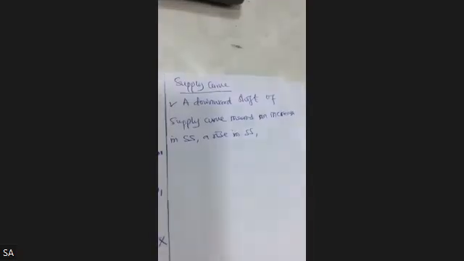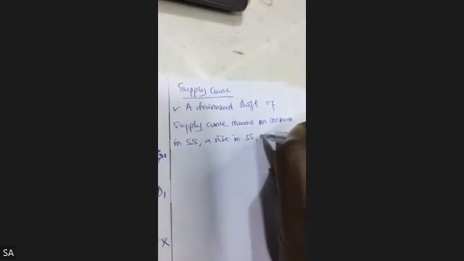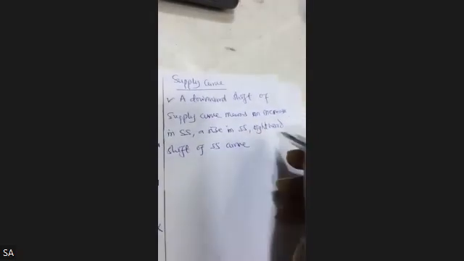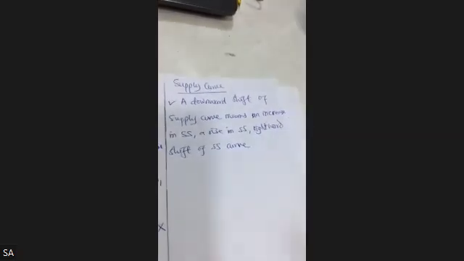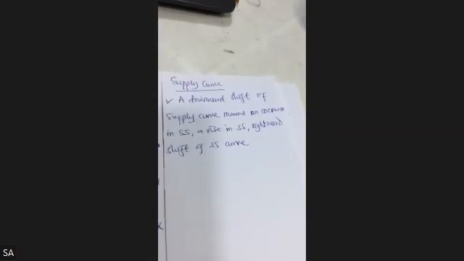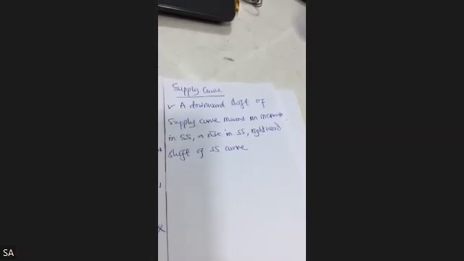The downward shift we can also call a rightward shift of the supply curve. So take note of this. It is downward, but it means an increase, a rise. It is actually a rightward shift of the supply curve.